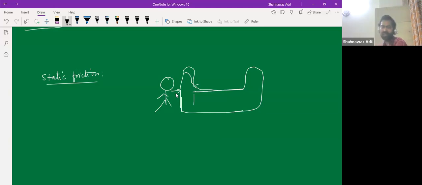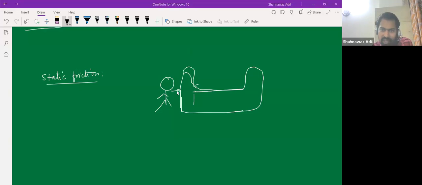Let's say he started with a small force. At that instant, will the sofa move, or will it stay there? Not too much force. So first it will not move, and then when we apply more force, it will move.